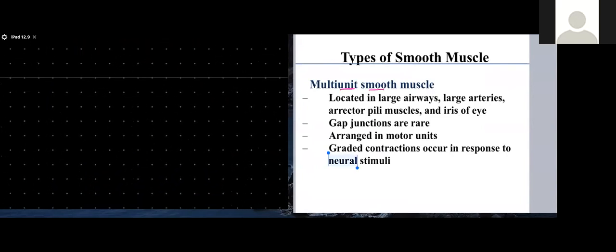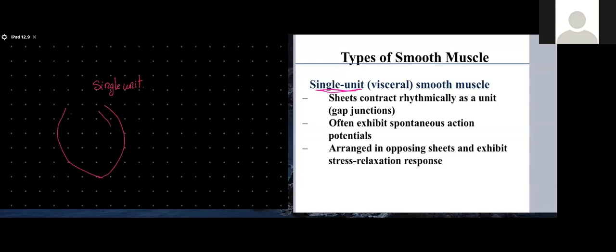Generally speaking, single unit smooth muscles are acting as the cardiac muscles. You're either going to be contracting all the muscles or relaxing all the muscles. Like what? Here again, like my cardiac muscle cells. This is single unit.